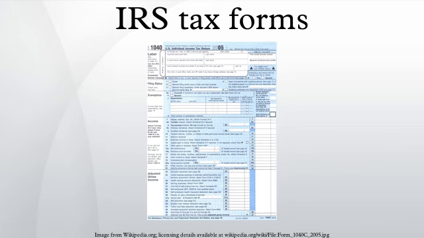The Form 1098-E, Student Loan Interest Statement, reports interest the taxpayer paid on student loans that might qualify as an adjustment to income. The Form 1098-T, Tuition Statement, reports either payments received or amounts billed for qualified tuition and related expenses that might entitle the taxpayer to an adjustment to income or a tax credit.